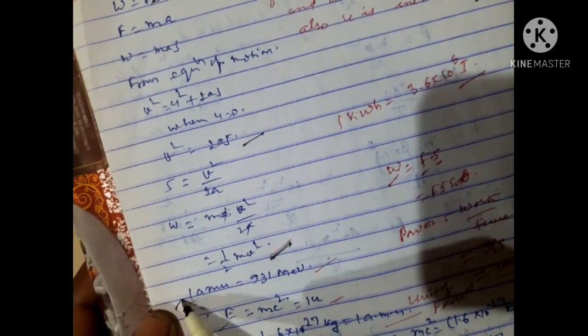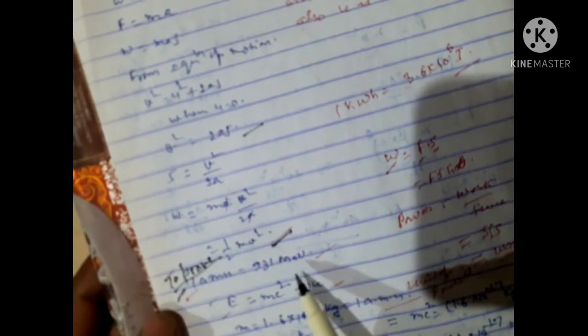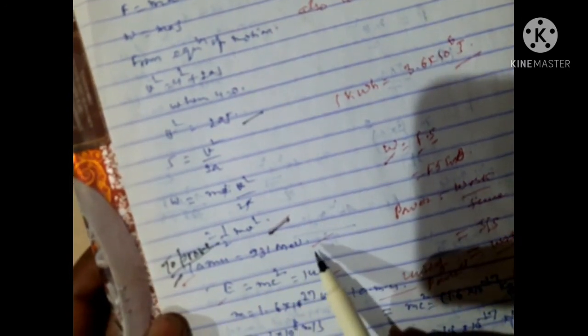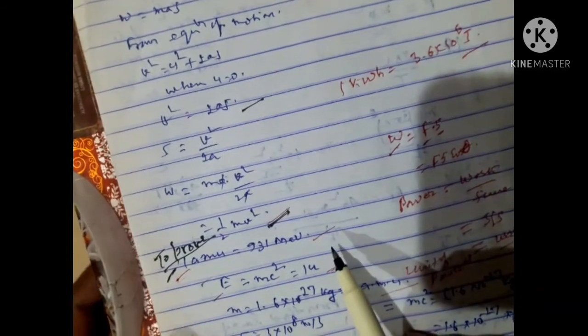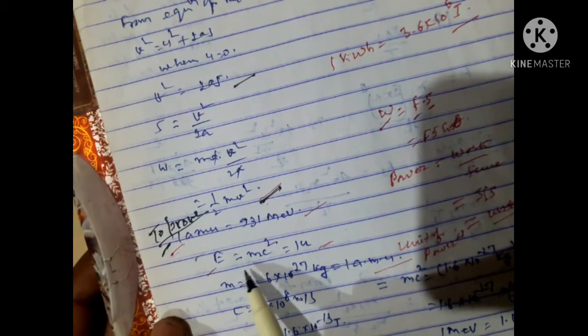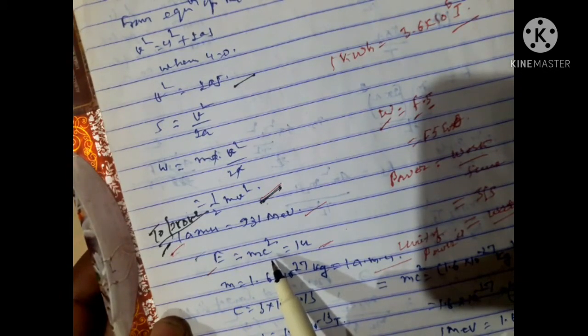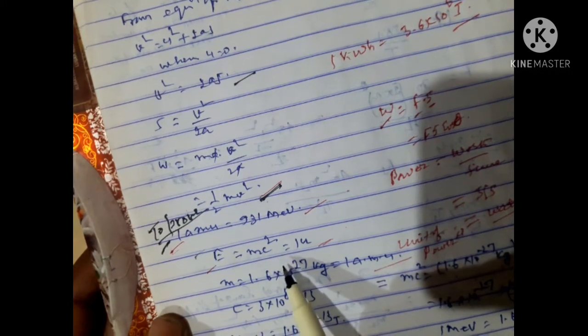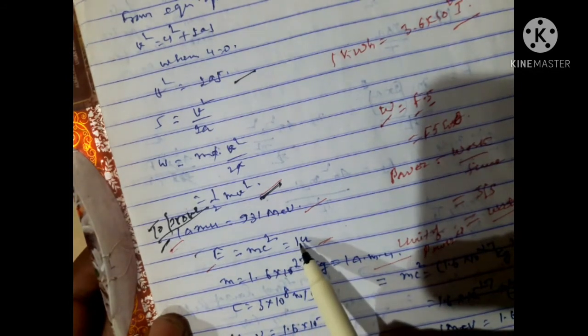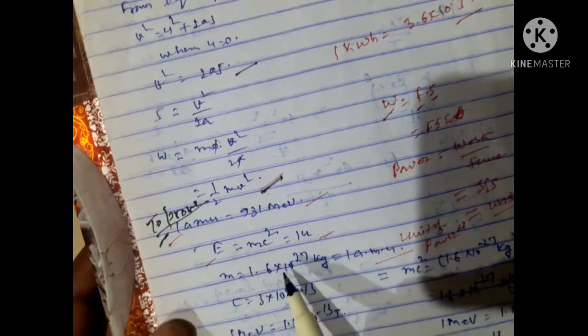Now next thing, to prove 1 amu is equal to 931 MeV, mega electron volt. E is equal to mc square from Einstein's equation.